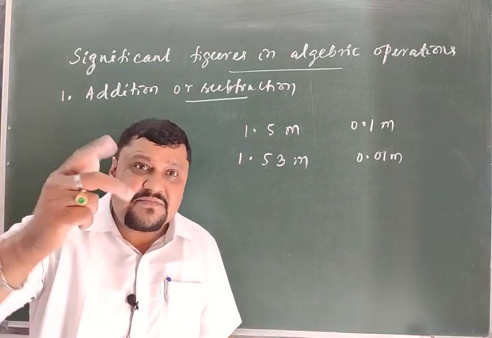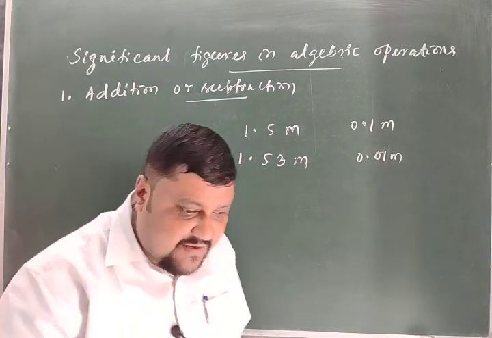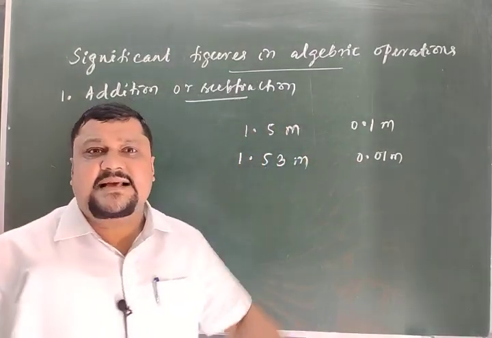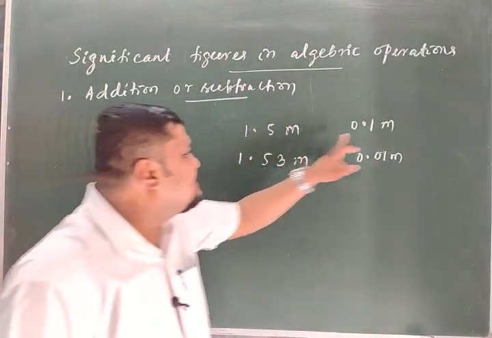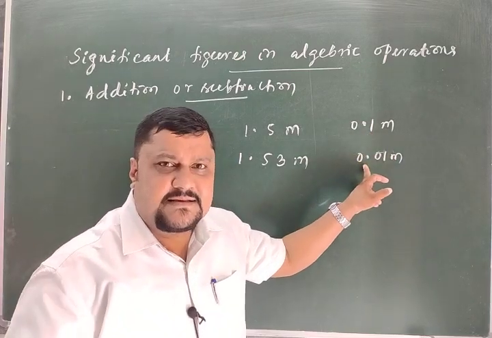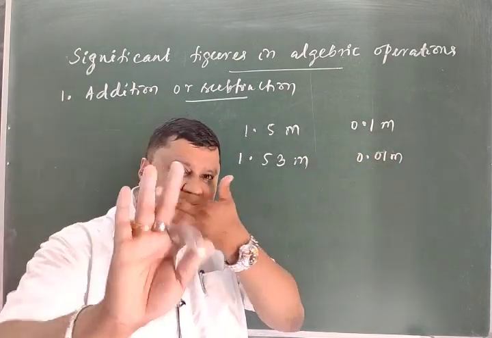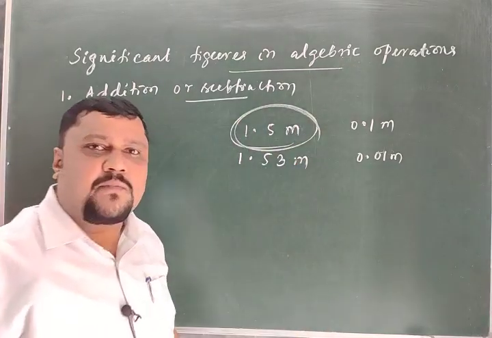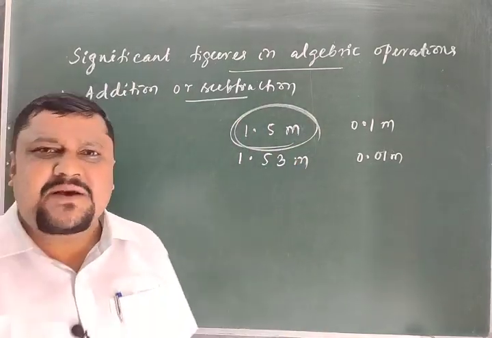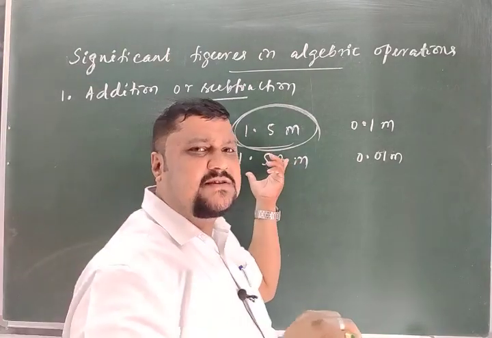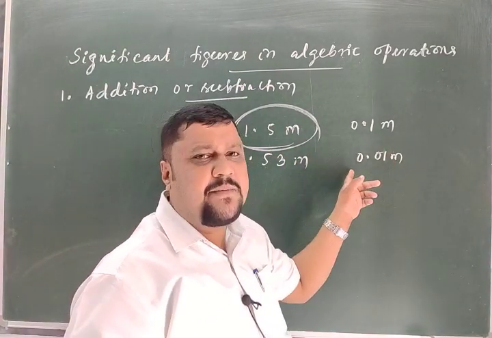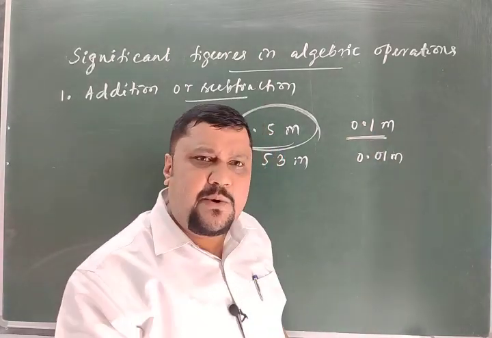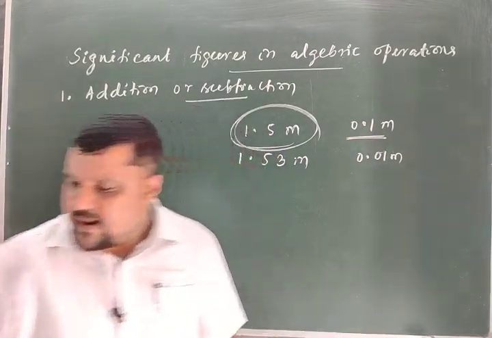Means the digits of the final result should not be more than the least precise number, because this is the least precise and this is the more precise. Comparing these two, the result should be of the form of the least precise, because you cannot take it up to accuracy 0.01 meter. You can take up to accuracy 0.1 meter, right? Because this is the lowest one, so you will consider the lowest one.